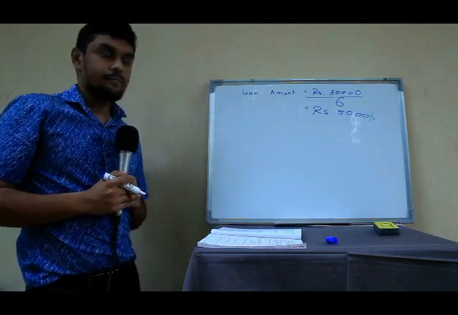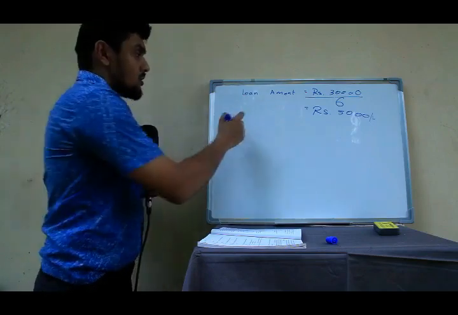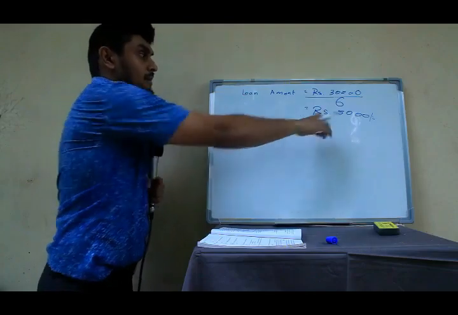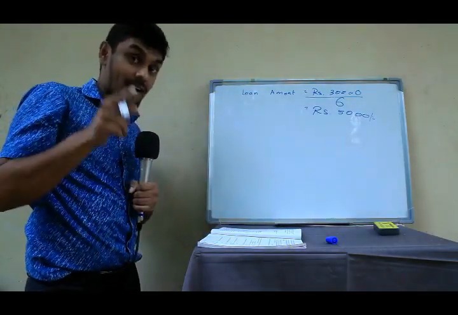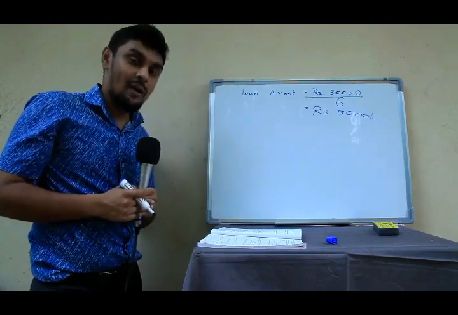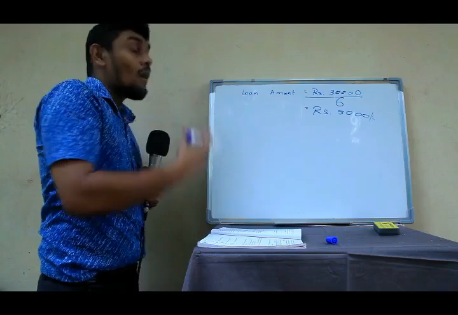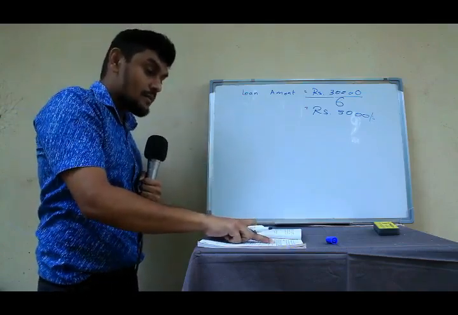Okay. So let's see. Without interest rate, we have to pay this much value. So with the interest, that is the thing we should find out. So what is the interest? There is a message for us.